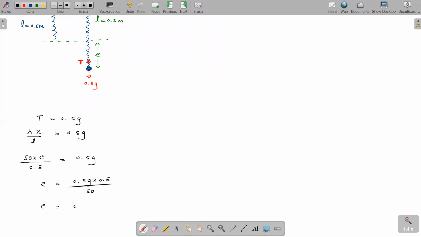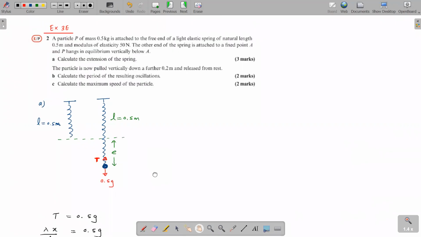First we'll get the full decimal. It's 0.049, so we'll leave it at this.